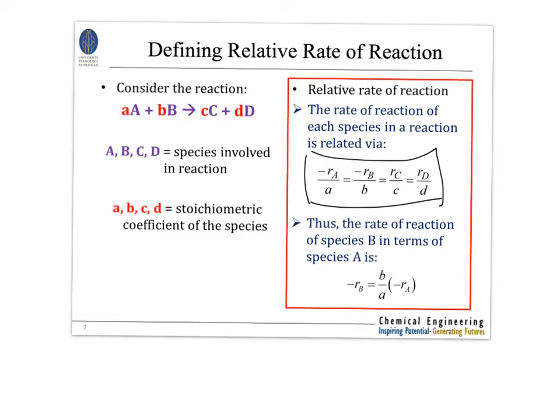Thus the rate of reaction of species B in terms of species A can be written as minus RB equals B over A, the stoichiometric coefficient, times minus RA. If you're looking at the relationship between the rates of formation of C and D, we can write RC equals C over D times RD.